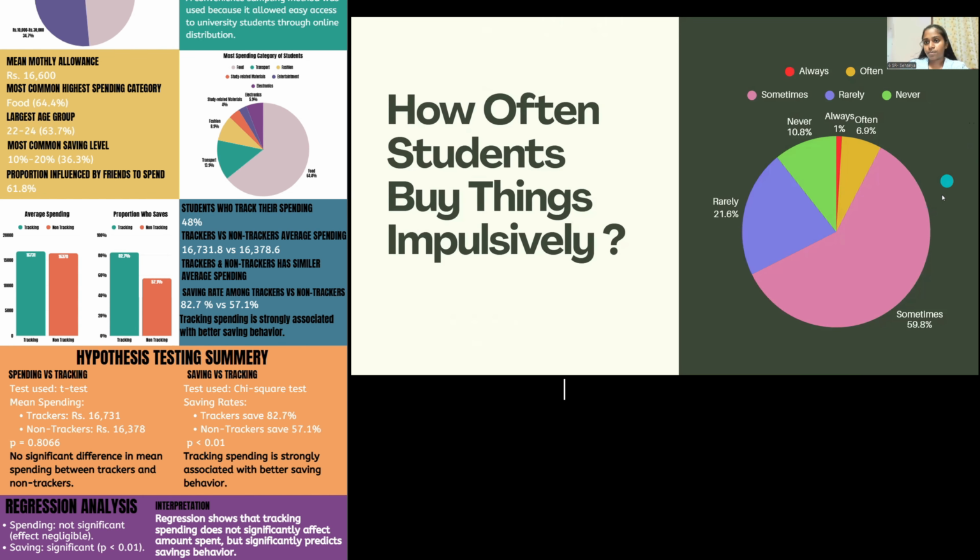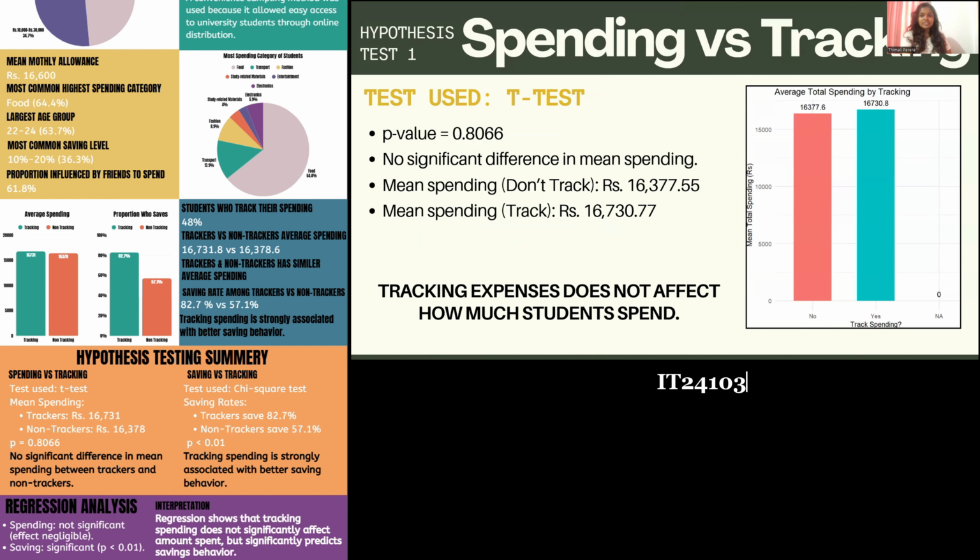Thank you. Our first hypothesis focused on whether tracking expenses has any measurable effect on how much students actually spend. To test this, we performed two-sample t-tests comparing the average spending of students who track their expenses and those who don't.